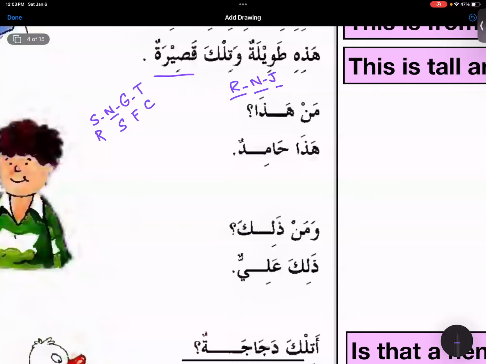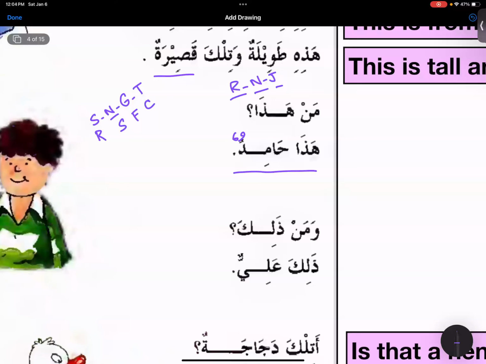Now, hada hamidun. What is the translation? This is Hamid. Very good. Now, can you describe hamidun? Hamidun is a common noun and it is ism because of the tanween, there is tanween at the end.